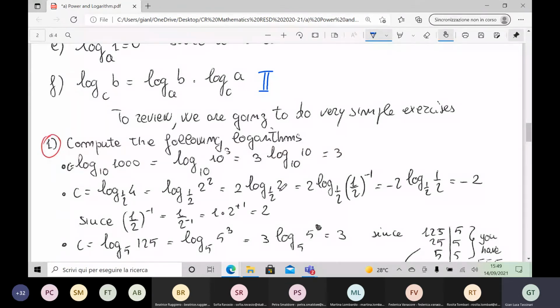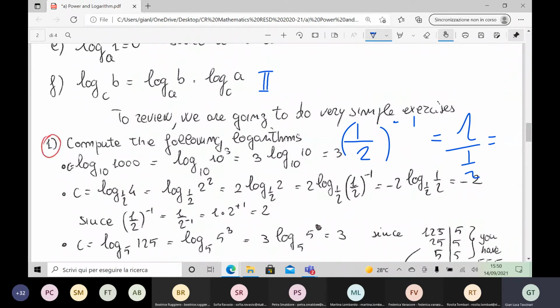Guys, are you able to rewrite 2 as a power with the basis 1 over 2? Well, 1 over 2 to the minus 1, guys. How can you write 1 over 2 to the minus 1? I write it here. 1 over 2 to the minus 1 means 1 over 2, which can be transformed into the product between 1 and 2.